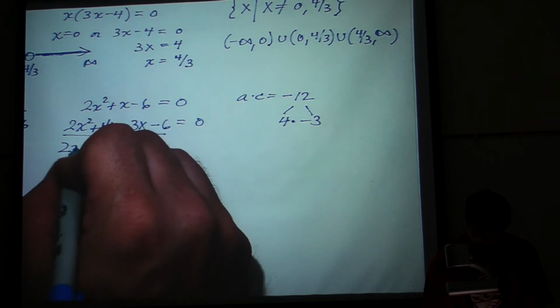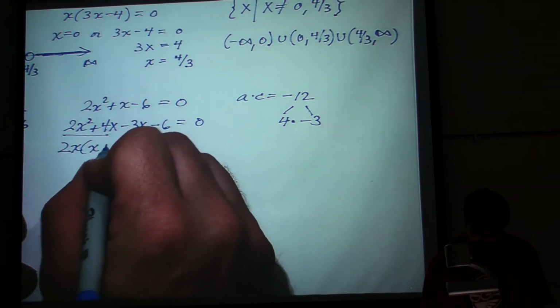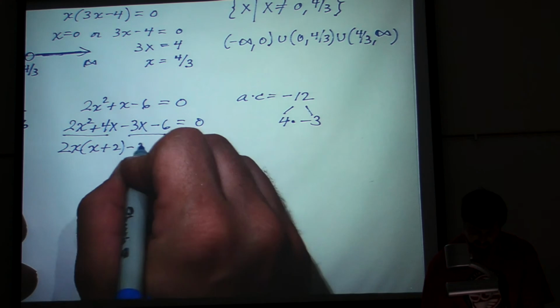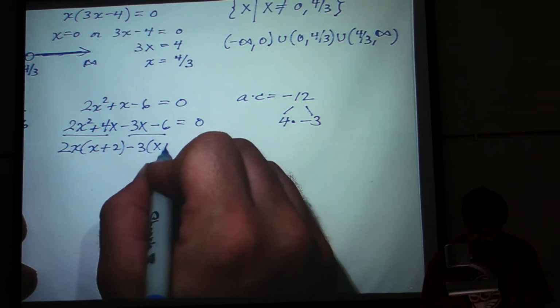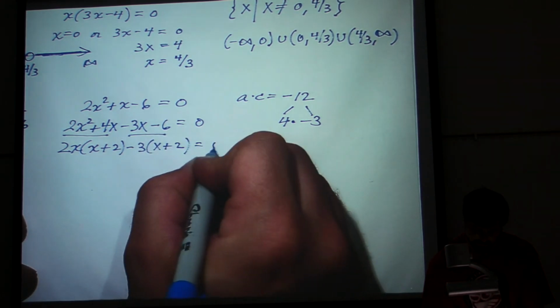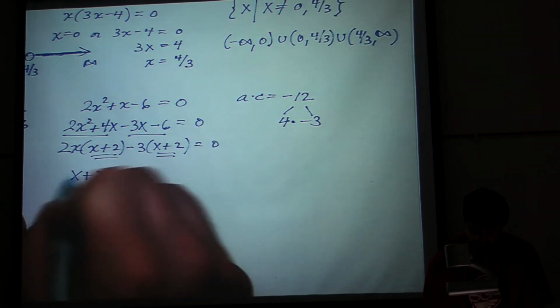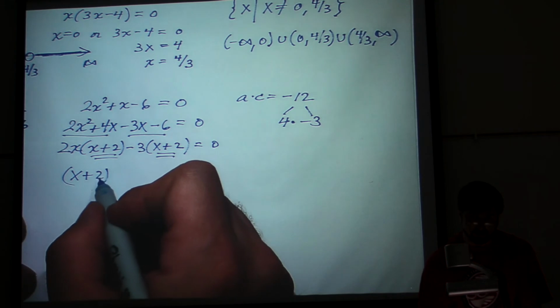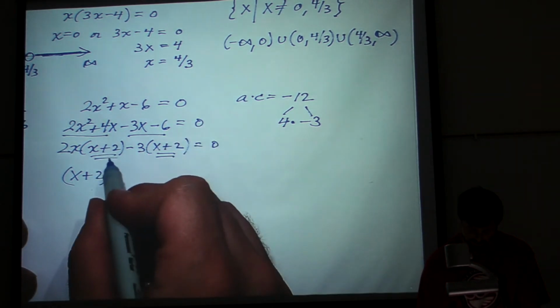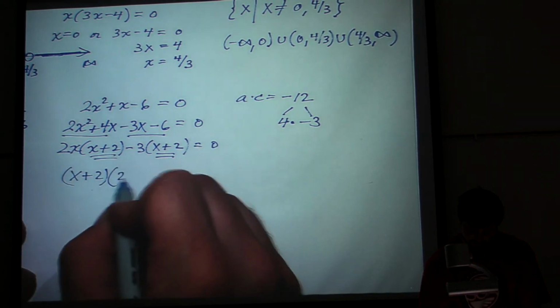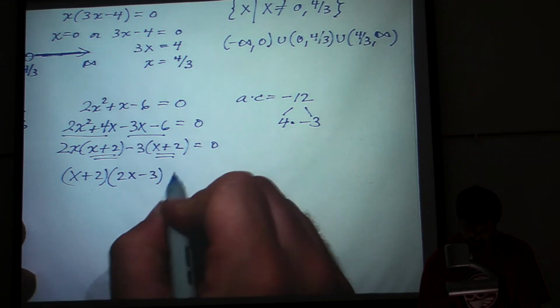I can factor 2x out of both of those, leaving me with x plus 2. A negative 3 out of both of those, leaving me also with x plus 2. What matches is x plus 2. And when we do factoring by grouping, our result is always what matches times what's left, that being 2x minus 3.